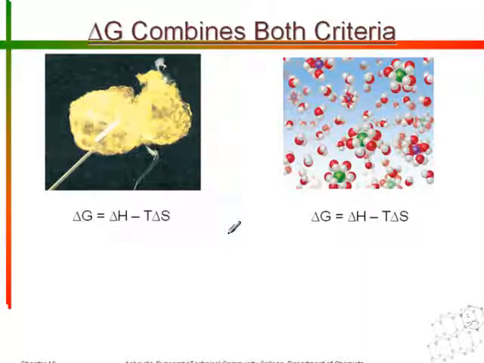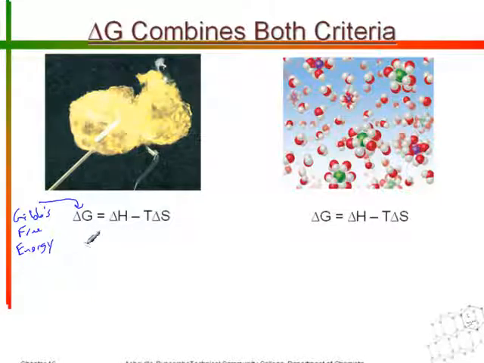Okay? So what we have here is this delta G, which is referred to as Gibbs free energy. And again, it is the term that one uses to decide whether something is spontaneous or not spontaneous.